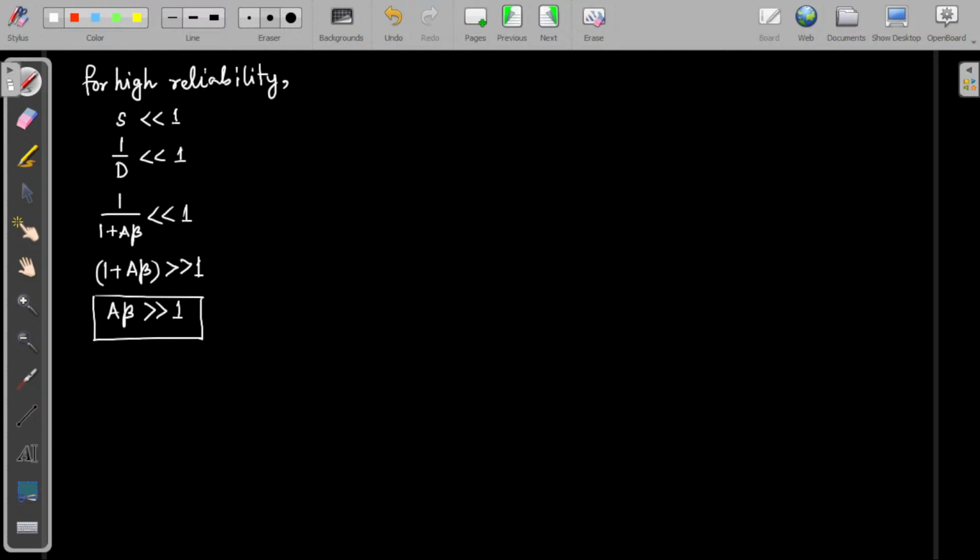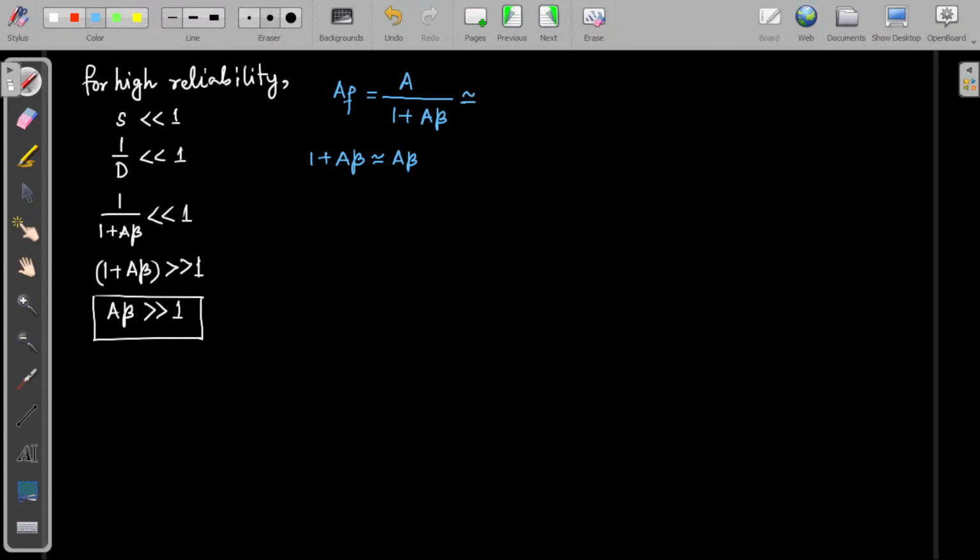If A beta is very much greater than 1 for high reliability of the system, then the overall gain of the system, that is AF, which was equal to A by 1 plus A beta, can be approximated: 1 plus A beta as only A beta, because A beta is very much greater than 1.